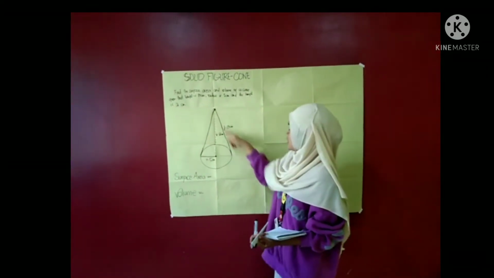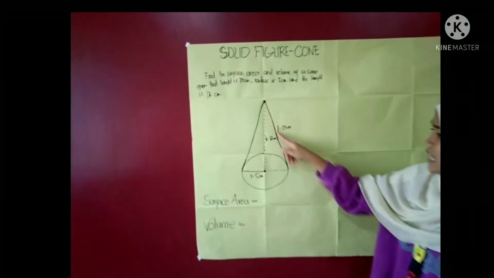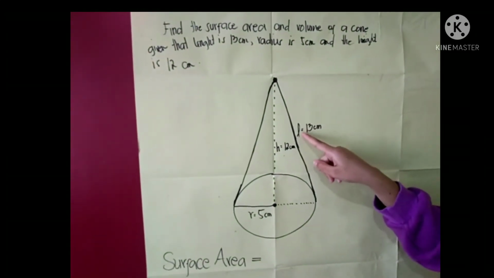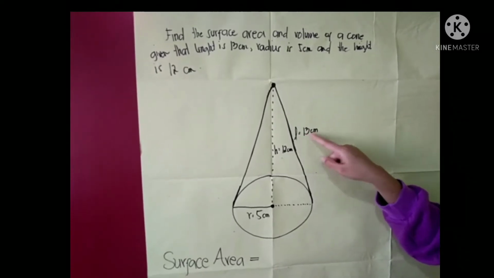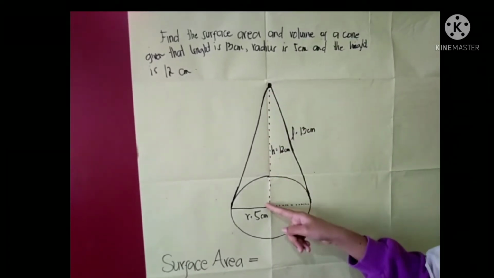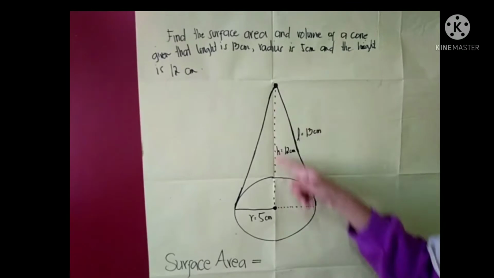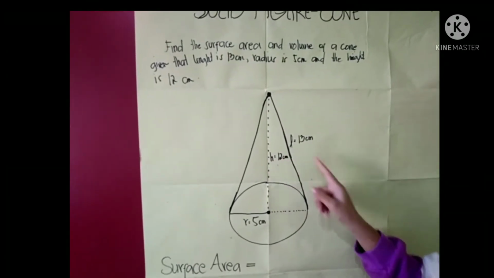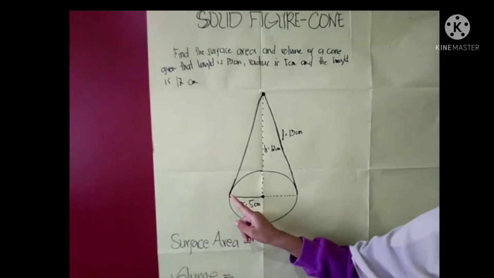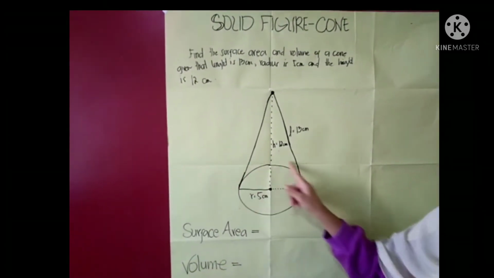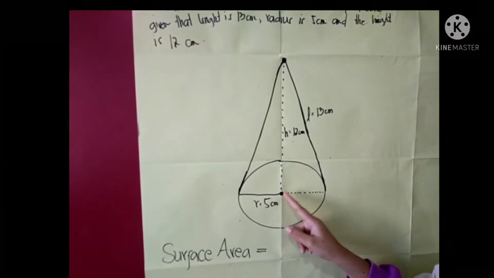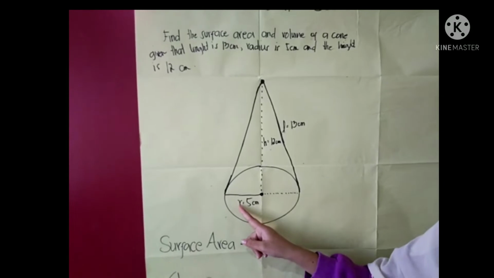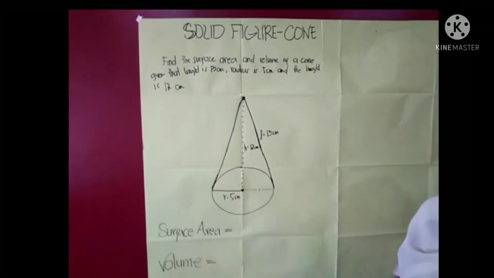As you see in this figure, this side is the length of the cone, which is equal to 13 cm. Here we can find the height of the cone, which is 12 cm. And from the circumference of the base circle up to the center is called the radius, and our radius is equal to 5 cm.